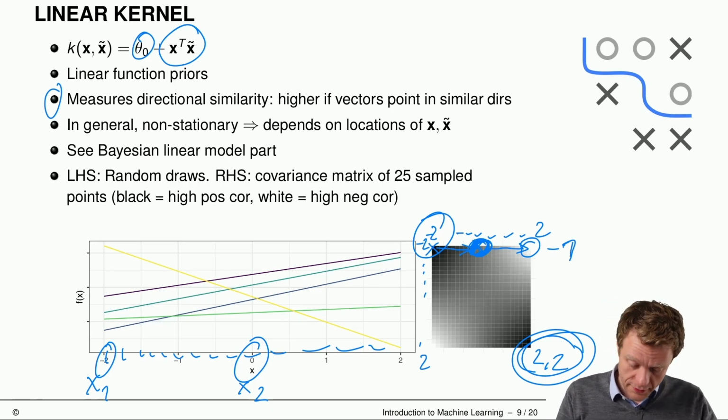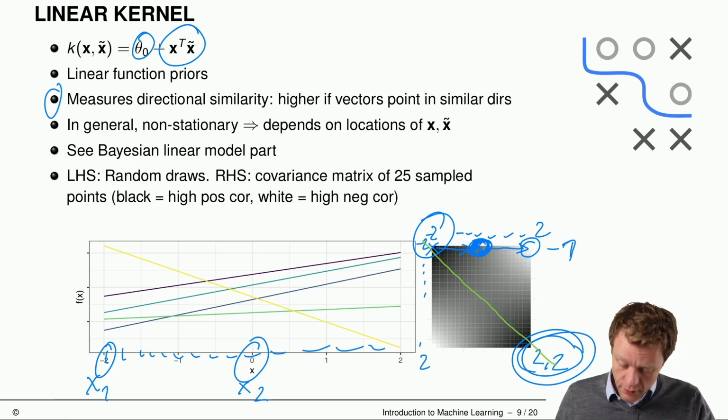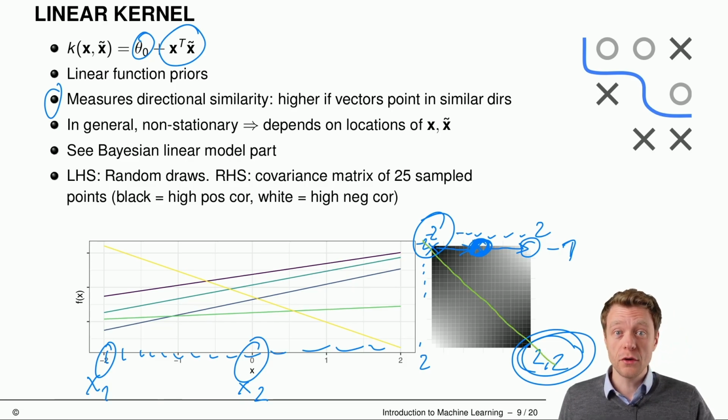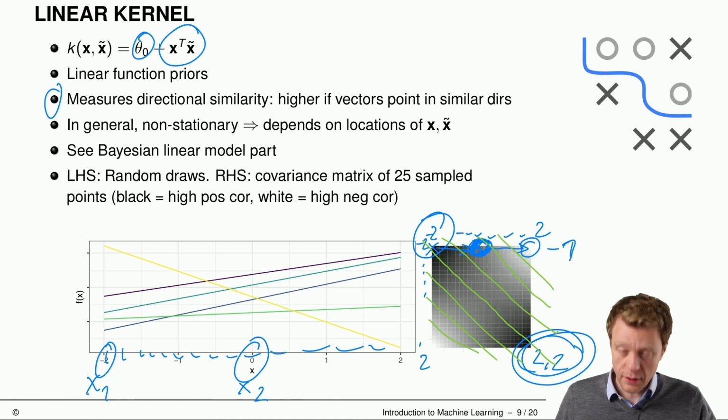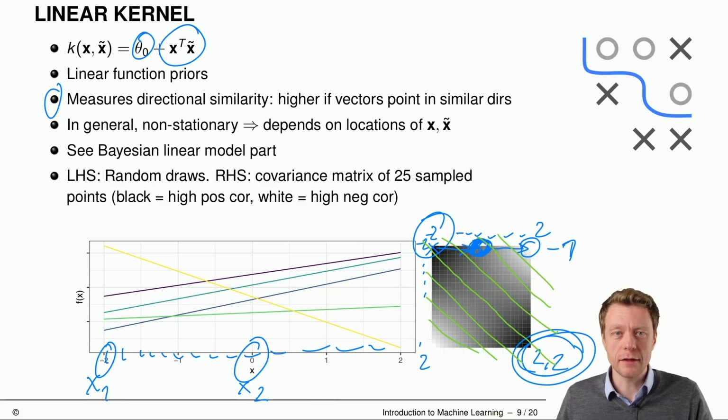But other than that, the same thing holds. So if it would be a stationary kernel, then all these lines should be parallel, which they are not, clearly. Okay, but later we'll see stationary kernels as well.